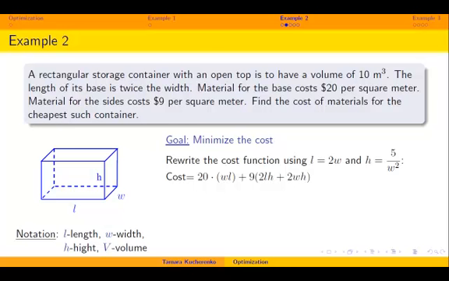When we substitute 2W for L and 5 over W squared for H, we get 20 times W times 2W plus 9 times 2 times 2W times 5 over W squared plus 2W times 5 over W squared, which simplifies to 40W squared plus 270 divided by W.